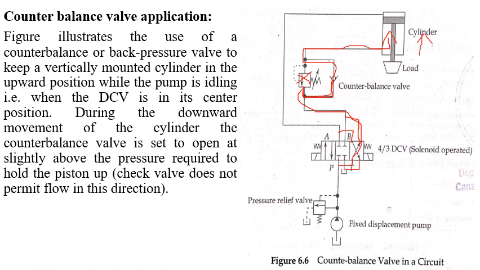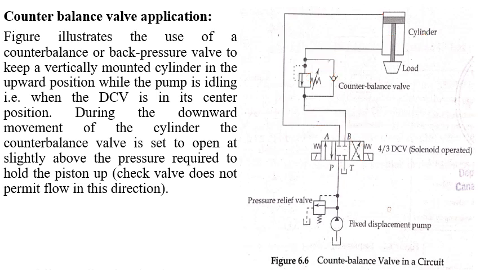At the same time, the oil from the blank end goes like this, connected like this. At the same time, oil from the blank end goes to the tank via port A to the tank port of the direction control valve.